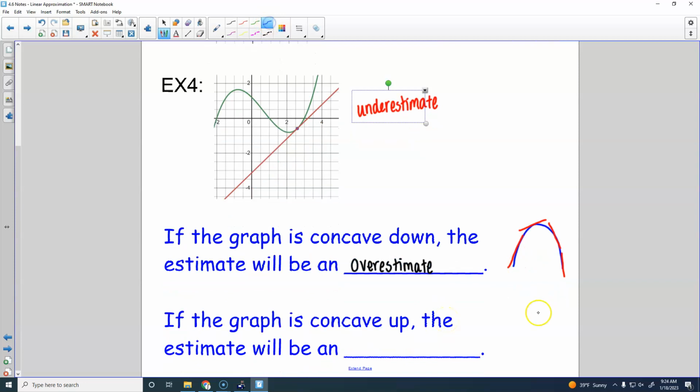Similarly, if you have something that's concave up, if you draw in tangent lines at any point, doesn't matter whether it's increasing, decreasing, whatever, those tangent lines all fall below the blue line, right? So if the graph is concave up, then the estimate will be an underestimate.